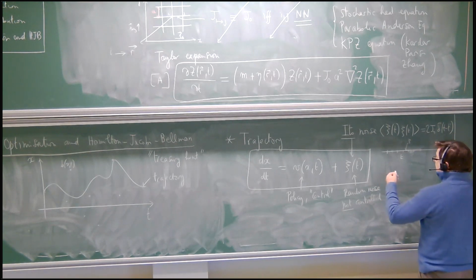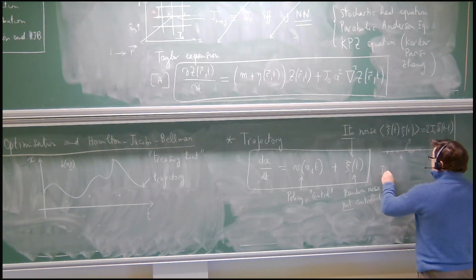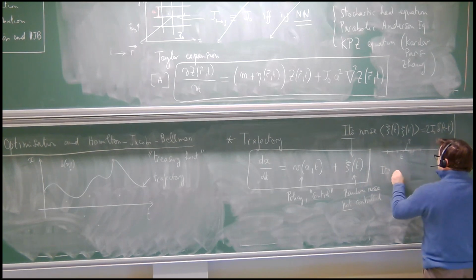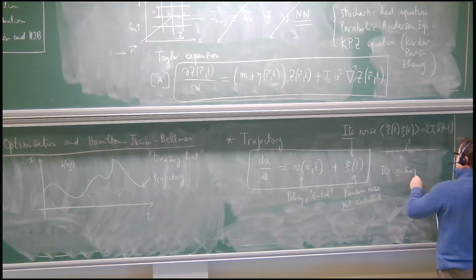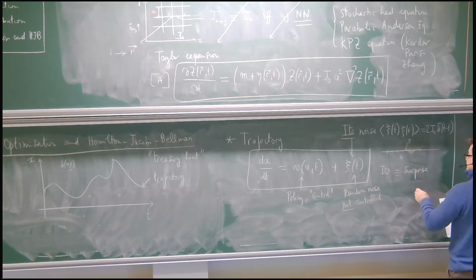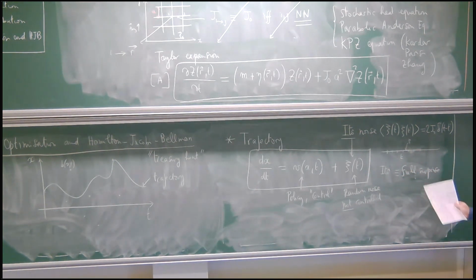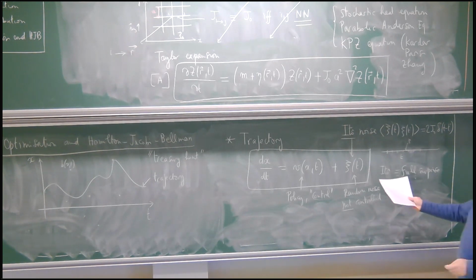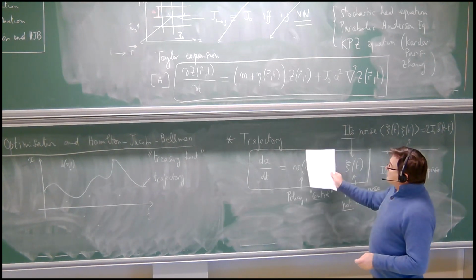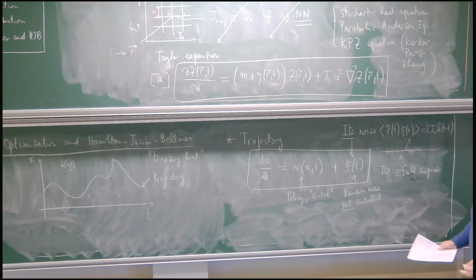So if you want to think of this that way, Ito is full surprise. There's nothing from the past that can help you anticipating the next time step. So in these cases, you should use the Ito convention. And that's what I want to model here. I want to model you on a bike and things completely unexpected that happen.